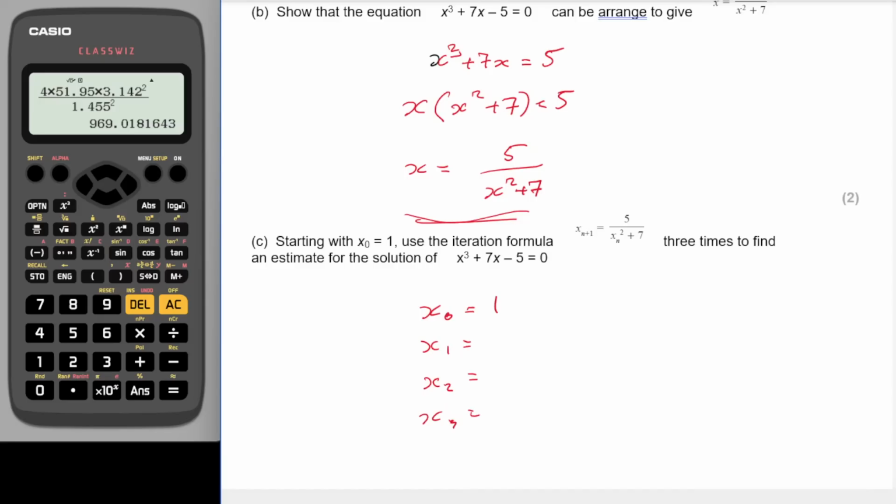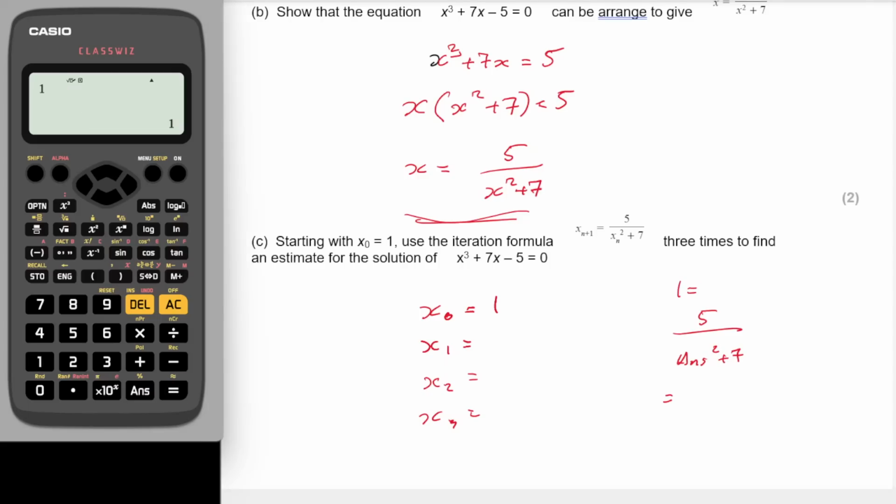Right. So I'm going to go starting with 1. Okay, so I'm going to go 1 equals. Then I'm going to type in 5 over answer squared plus 7. Then equals.